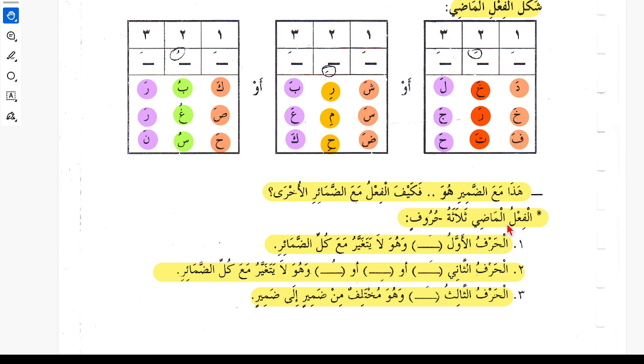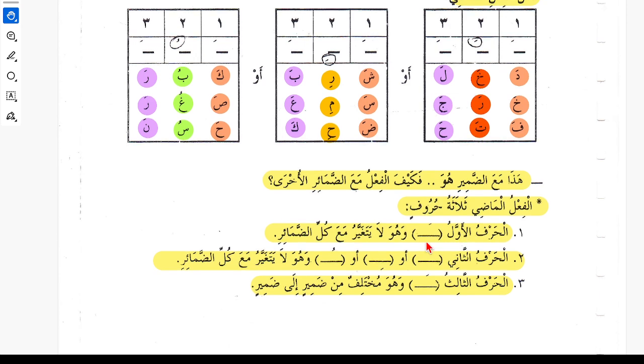So al-fi'lul madiyu salasatu harufin. Like I mentioned, the basic form of the fi'l madi is going to have three letters, like in all these examples. Al-harful awwalu, which has a fatha sign. Wahuwa la yataghayyaru ma kulli damairi. So with every pronoun, this will not change.